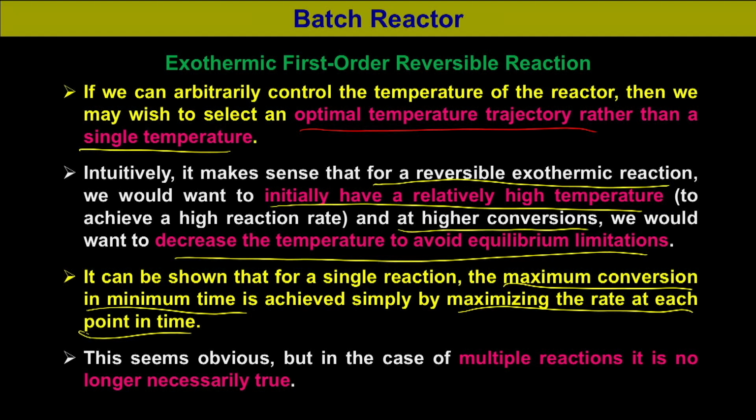So, this will be done for a single reversible reaction. We can maximize the rate at different points of time and we can achieve maximum conversion with minimum time, but for multiple reactions this may not be necessarily valid.